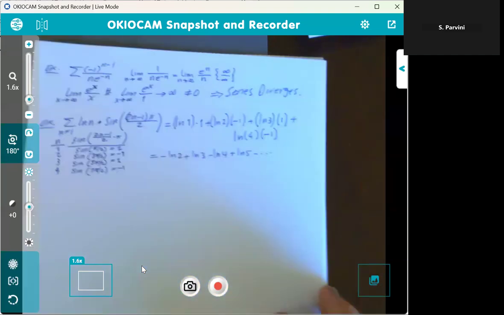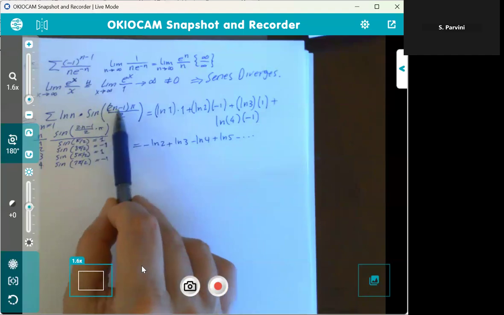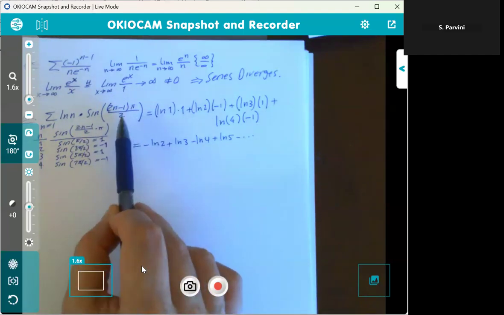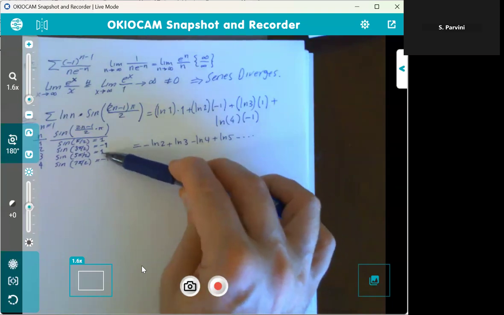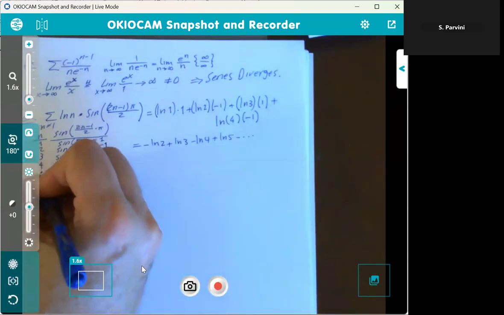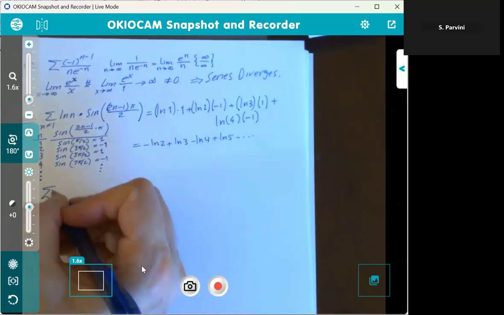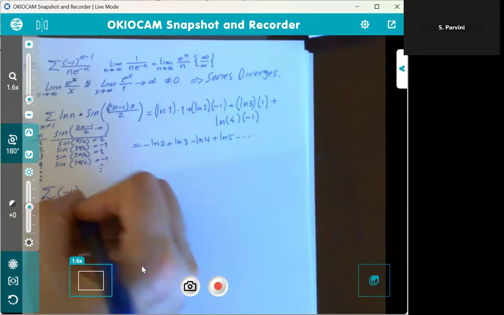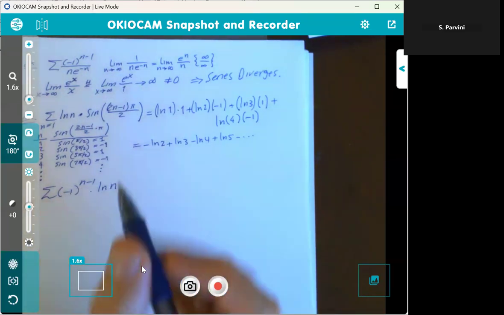Okay, now based on what we see here, I'm going to replace sine of (2n minus 1) pi over 2 with simply 1, negative 1, 1, negative 1, and so on and so forth. Therefore, I'm going to write the series as negative 1 to the n minus 1 times natural log of n.